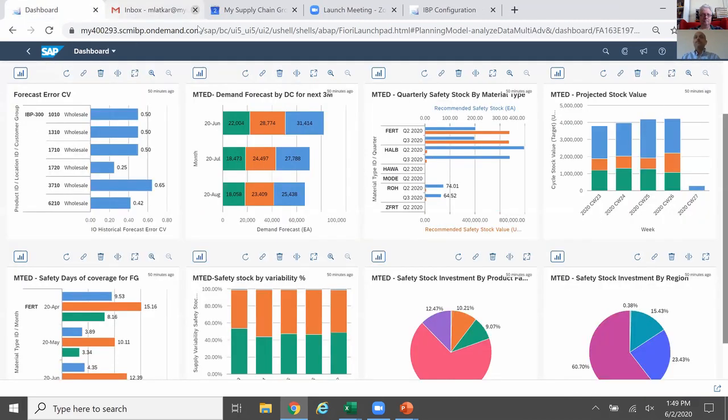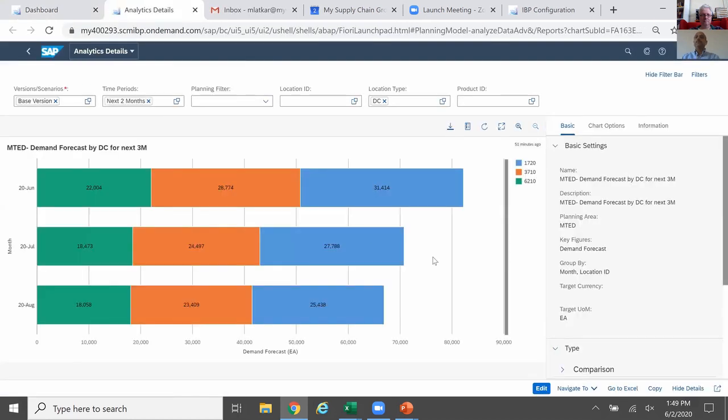We also have other dashboards. For example, let us look at this one, demand forecast. Here I have 3 locations, 3 DCs, and you can see the demand forecast by DC for the next 3 months.